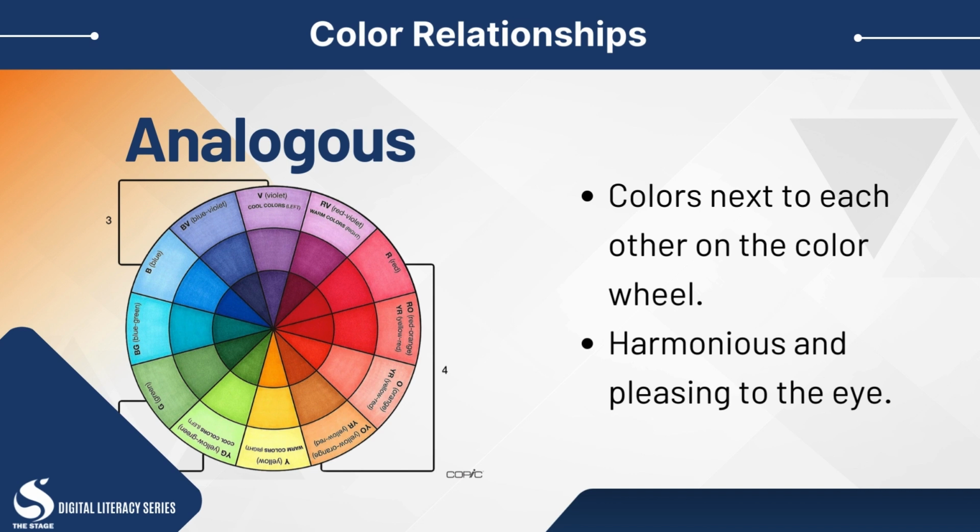Part of this is because they're often found in nature. So if you have blue, and then if we look at our wheel here, blue green, just because they are right next to each other, they create a more harmonious look.